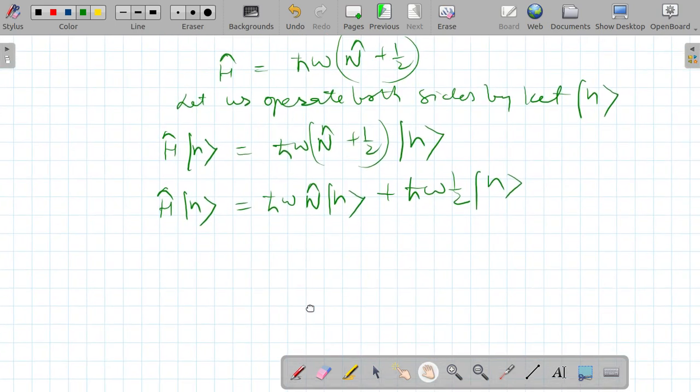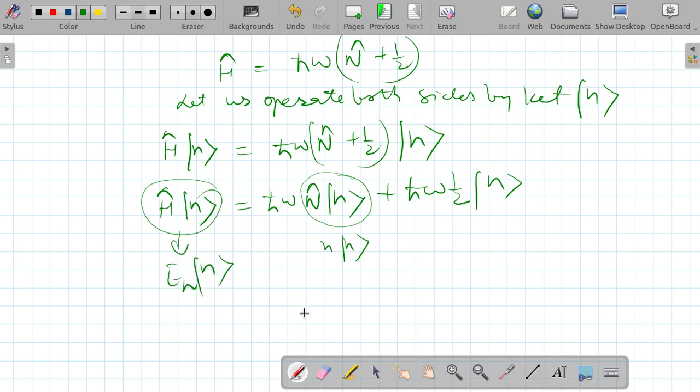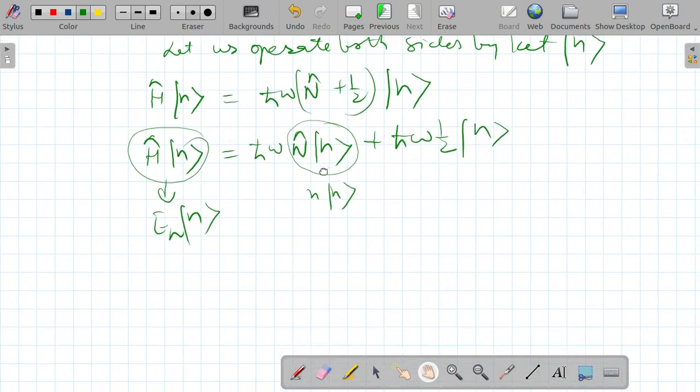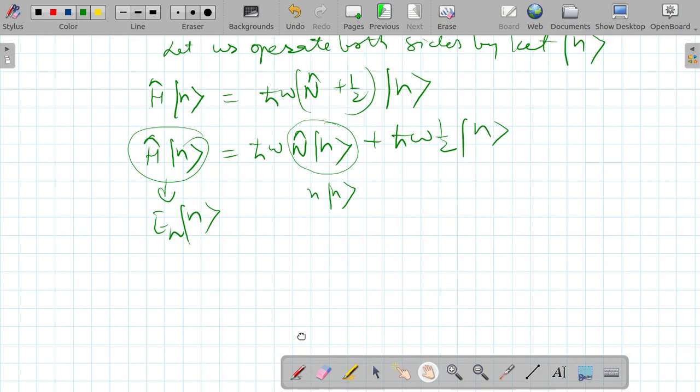Since this part is equal to this and this part is equal to E n ket n, as clear from this equation number 13, this equation will become E n ket n must be equal to h cross omega n ket n plus h cross omega 1 by 2 ket n.